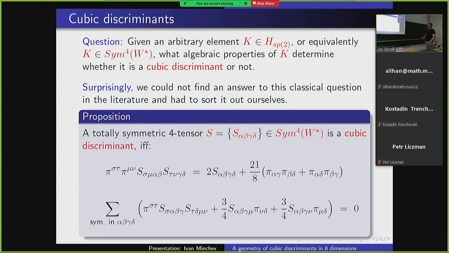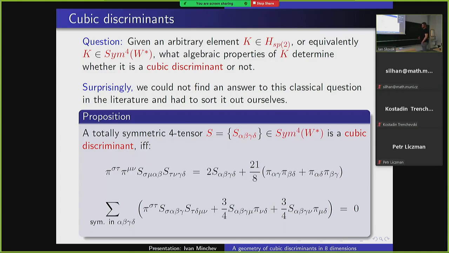So the answer sounds like this. If we are given such a totally symmetric 4 tensor S on W, then there are two quadratic conditions that are equivalent to the property that S is a cubic discriminant. They look quite messy maybe here, but I will explain them more geometrically in a minute.